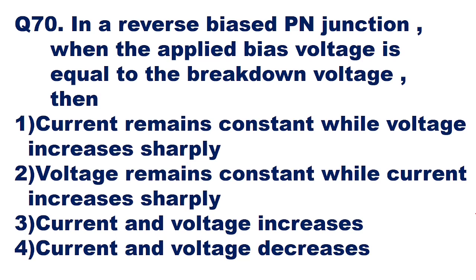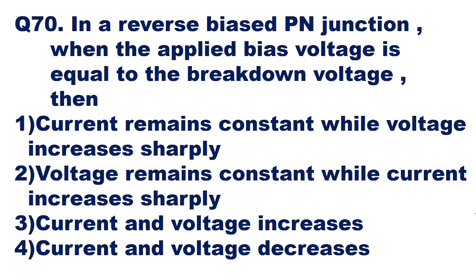Now, as we are speaking about a reverse biased PN junction, we should be very clear with the concept of minority charge carriers. Now, we know that in an intrinsic semiconductor, that is a pure semiconductor, if the temperature increases and there is sufficient thermal energy, some of the valence electrons will jump into the conduction band.